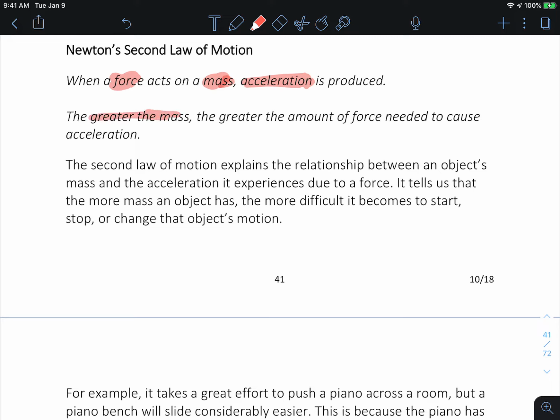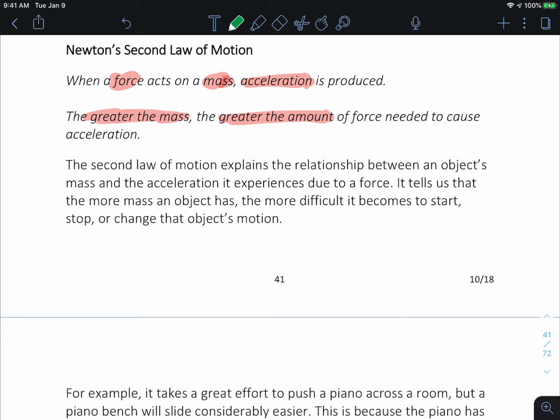The greater the mass, the greater the amount of force needed to cause acceleration. So force and mass are proportional to each other, and force and acceleration are proportional.